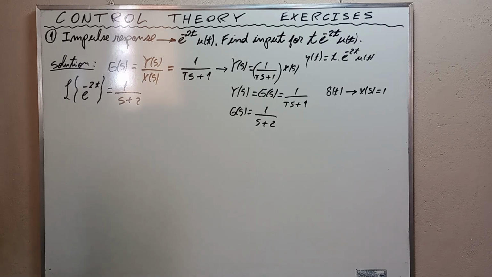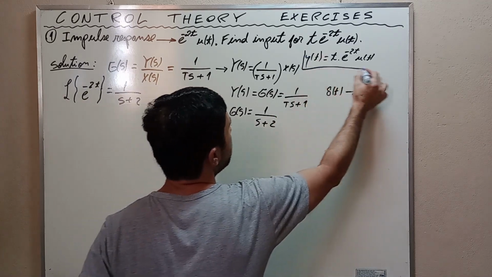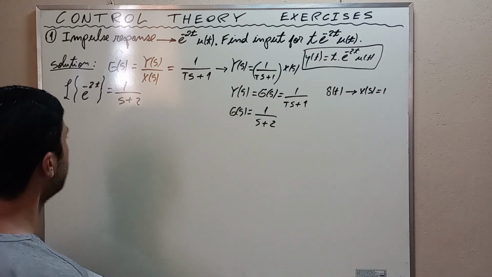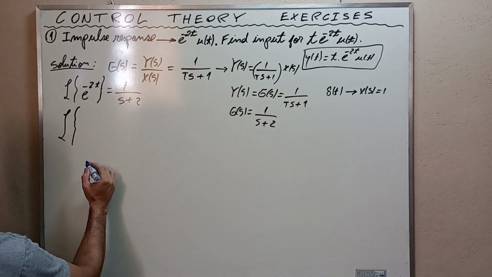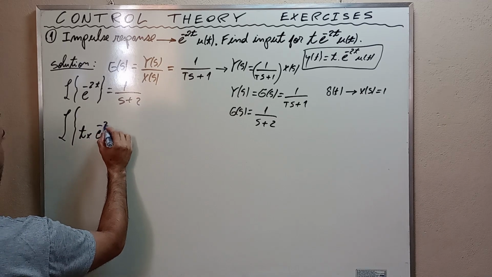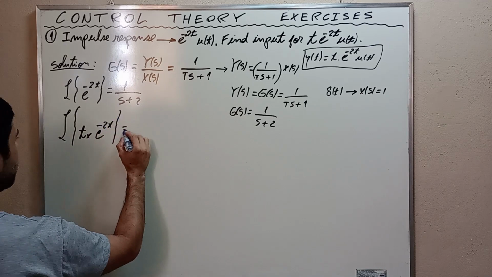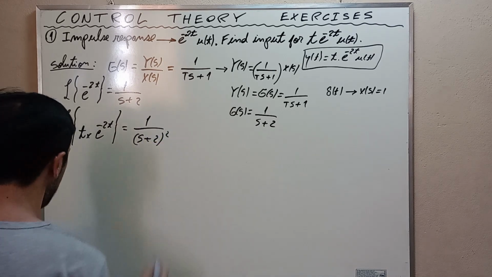And knowing that, let's work on this now. This is the response. The Laplace transform of t times e raised to the power of negative 2t is equal to 1 over s plus 2 squared.